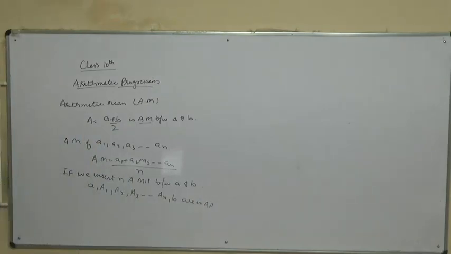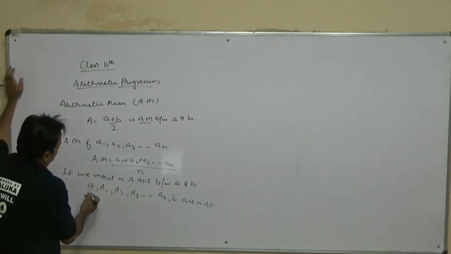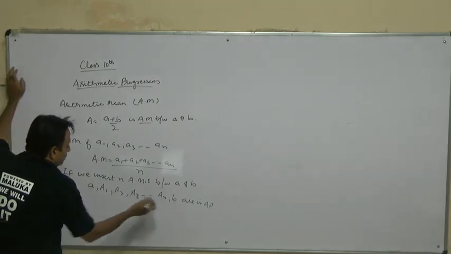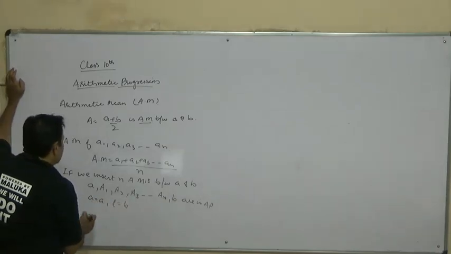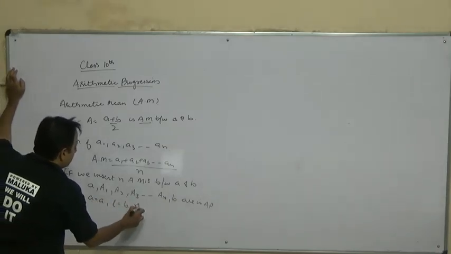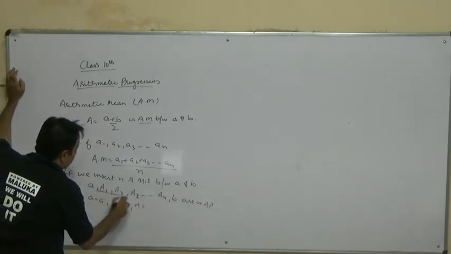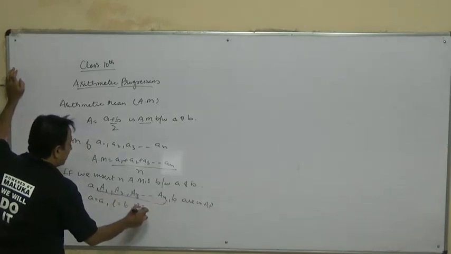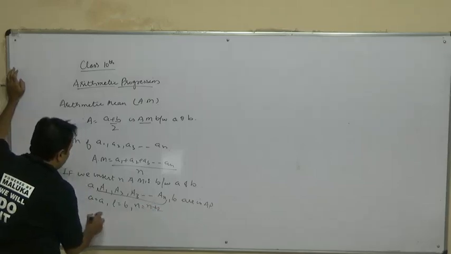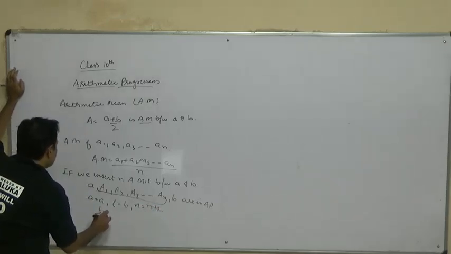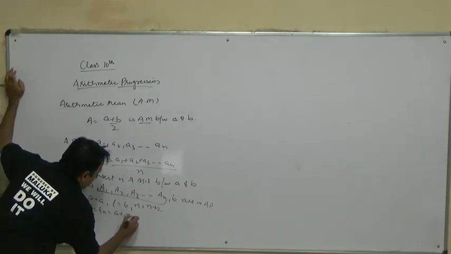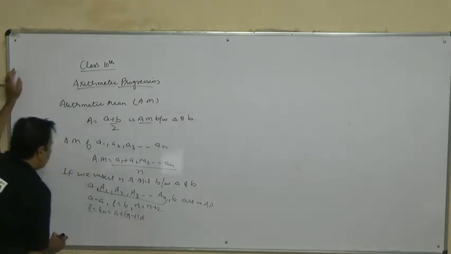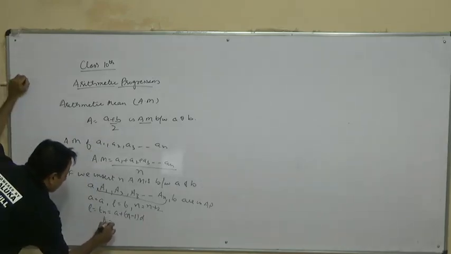ये हमारी AP बन जाएगी. So इसमें हमारे पास अगर हमने निकालना हो D तो कैसे निकालेंगे? We have got first term A, last term L equal to B, and then N क्या होगा? N तो इसमें arithmetic means है, total N क्या हो जाएगा? N plus 2. And we know that Tn = A + (N minus 1) into D. So ये हमारे पास B है, ये A है.